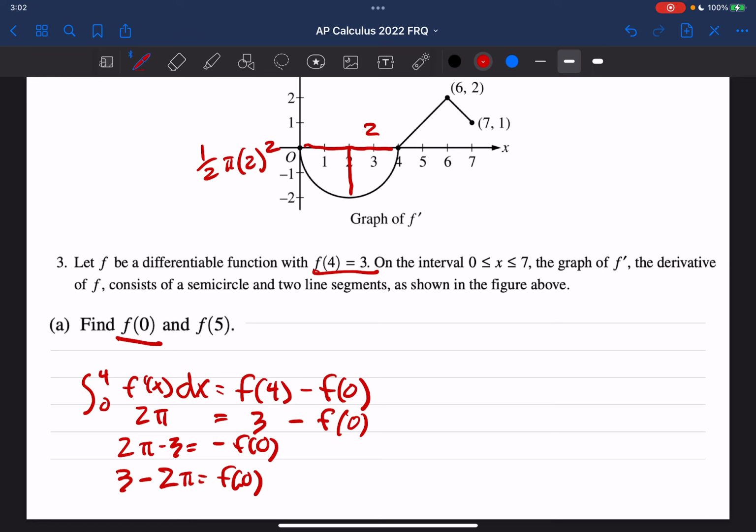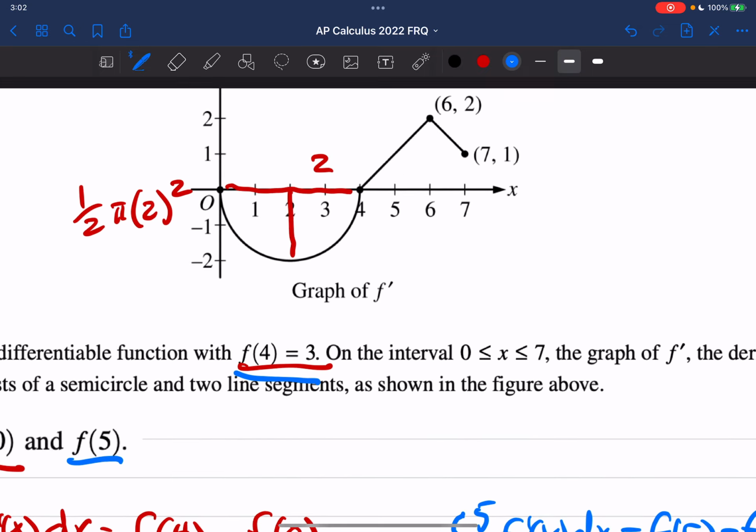Now we set up the same way for f of 5. The integral from 4 to 5 of f prime of x dx equals f of 5 minus f of 4. So here again we fill this number in for f of 5.